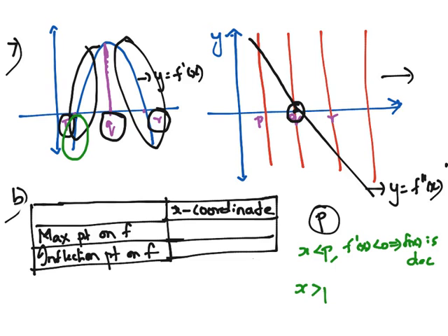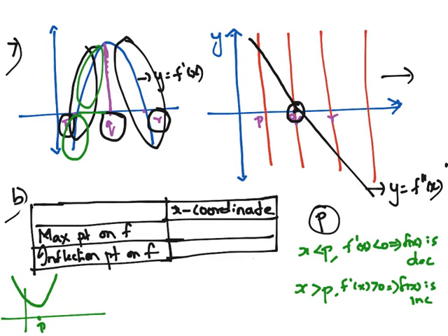And when x is more than p, f dash of x is positive, which means f of x is increasing. So if I draw a graph here, let's say p is here. Then before p, f of x is decreasing, so it will look like this. As you can see, p is a point of local minima, but I need the maximum point.